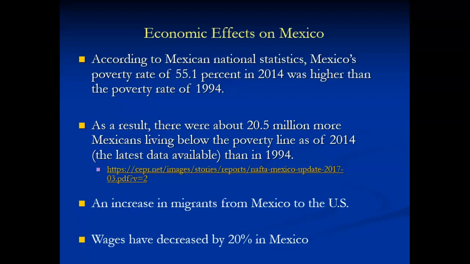And so you ended up having about 20.5 million more people in Mexico living below the poverty line. And we know the problems of that, since we've already talked about this and did work on poverty in this course. And then you also see an increase in migrants from Mexico into the U.S. looking for opportunity.